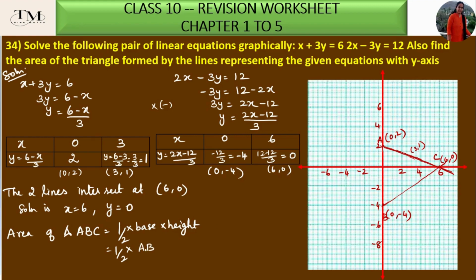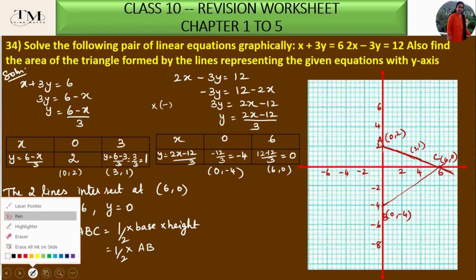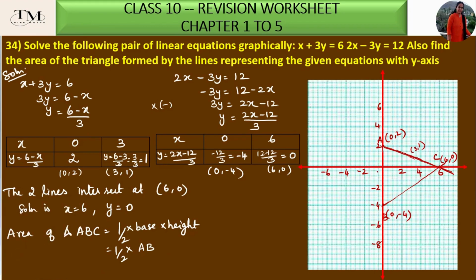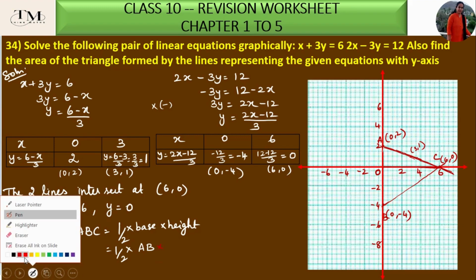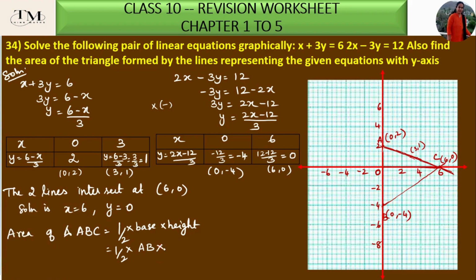Half AB, which is the height? Here the height is this one, from O, the origin. So OC is the height. So half AB into OC.